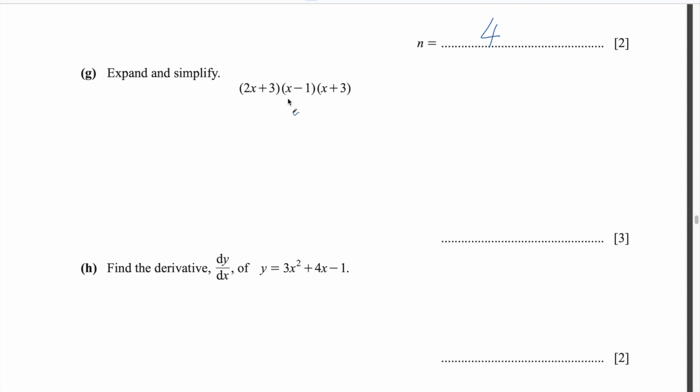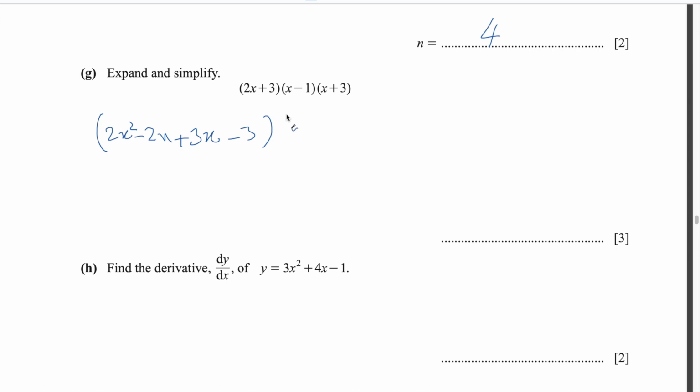Next part, it says expand and simplify. If you multiply the first two brackets, it will become 2x squared minus 2x plus 3x minus 3.